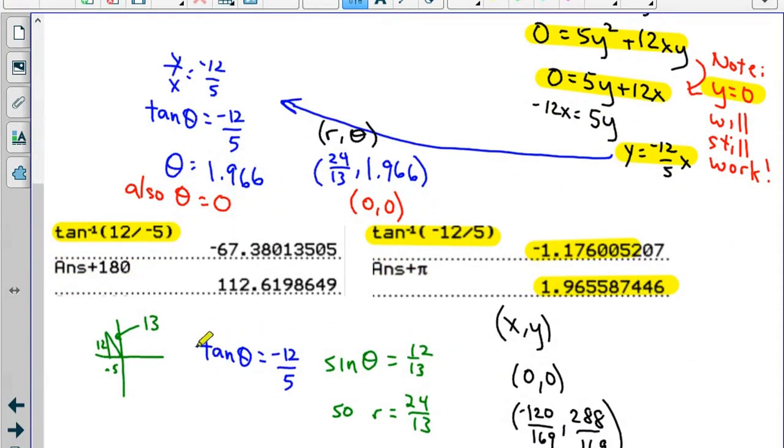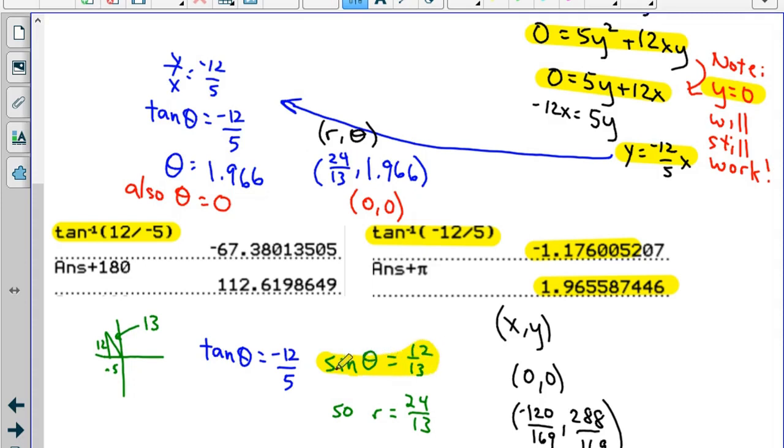So how did I get 24/13? Well, since tangent of theta equals negative 12/5, I drew the triangle, and I recognized that sine of theta in this particular triangle in the second quadrant, and I know it intersects in the second quadrant because I looked at the picture, sine equals 12/13.